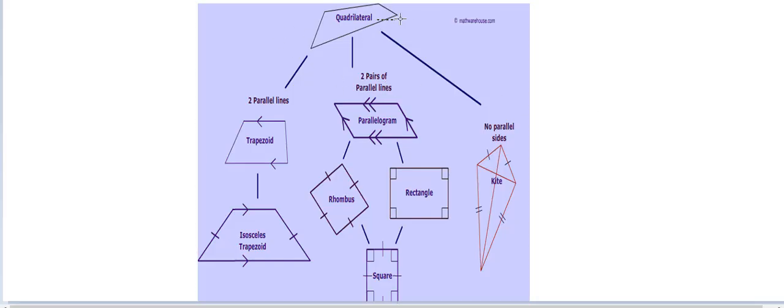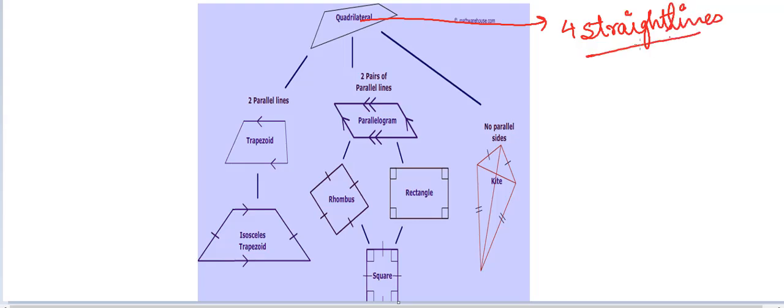Quadrilateral is a shape which has four straight lines, four edges or corners.